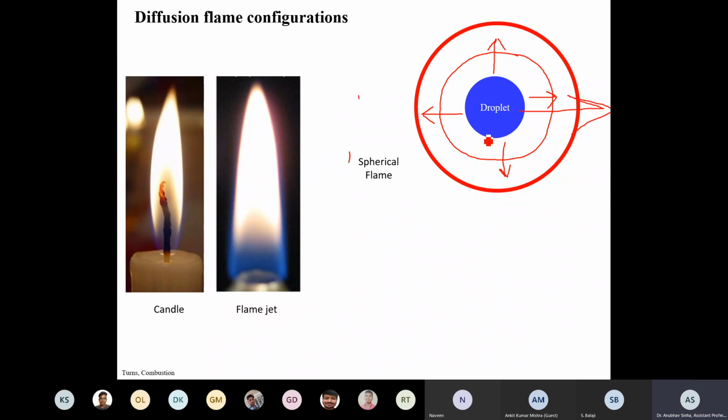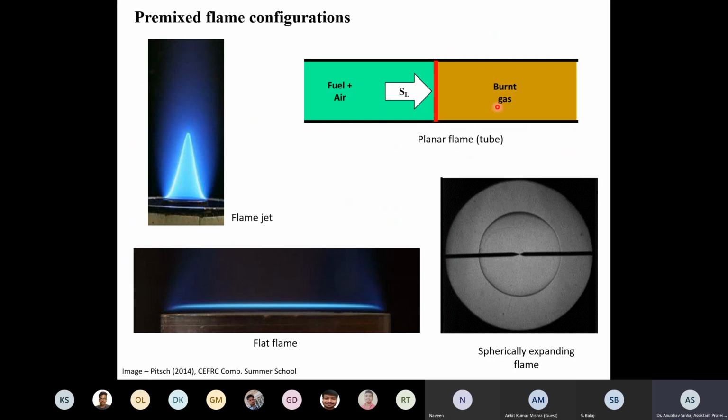Fine. So we can have a jet flame, we can have a spherical expanding flame. Now what about a flat flame? Can we have a planar flame like this for a diffusion flame? What we can do is have only fuel coming from one side and only air coming from the other side.